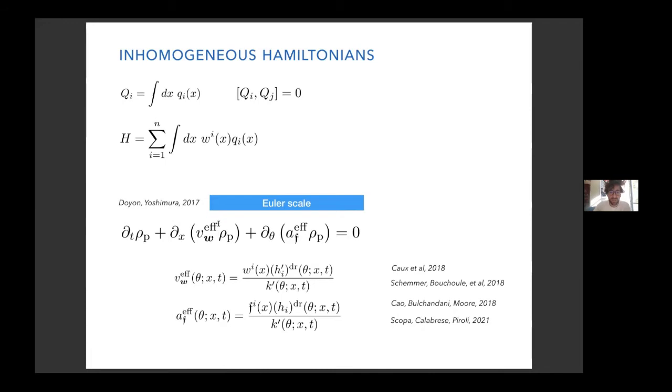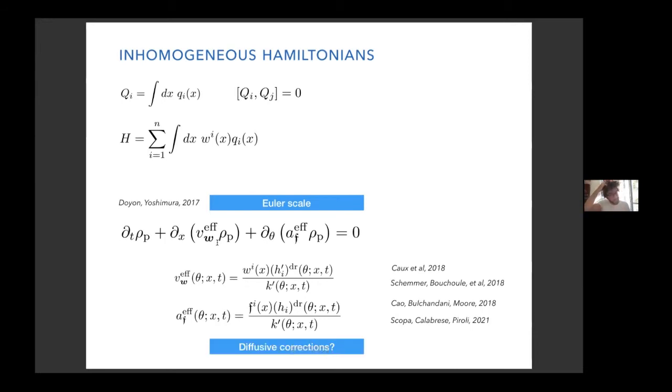Namely, now the time dependence is not just given by the convective flow, but also by some derivative in momentum that should be seen as an acceleration. There is a function which is an effective acceleration, which depends on the forces. The forces are the derivatives of these fields with respect to x, and it can be computed exactly, similar to the effective velocity in the system.